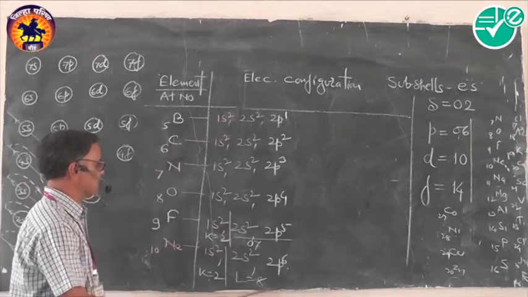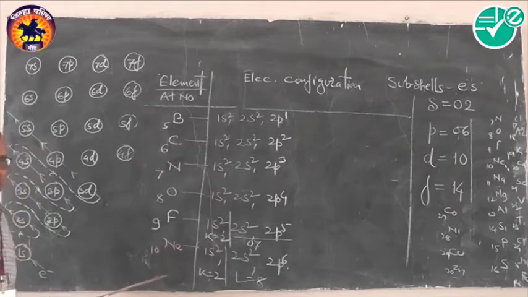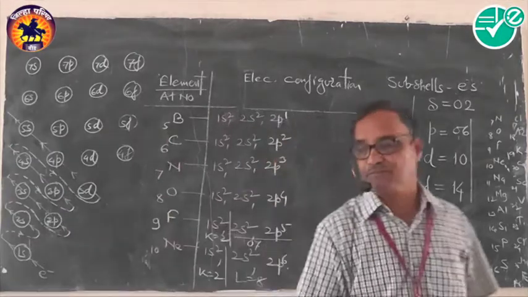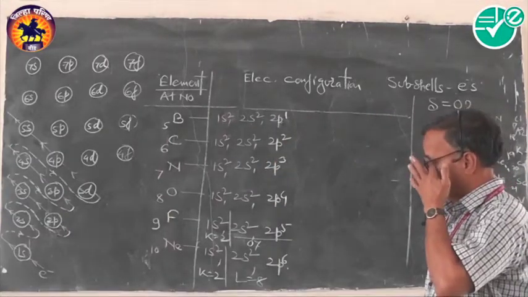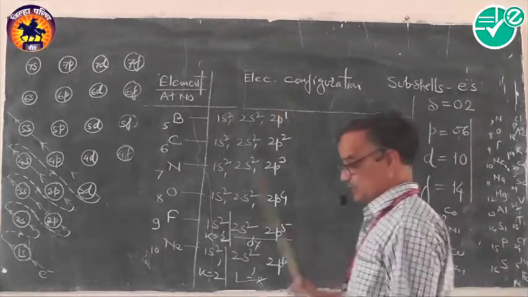So 8 electrons are present, and it is chemically inert, or it is called inert gas, or it is also called a noble gas element. So this is all about first 10 atomic numbers and elements with electronic configuration.